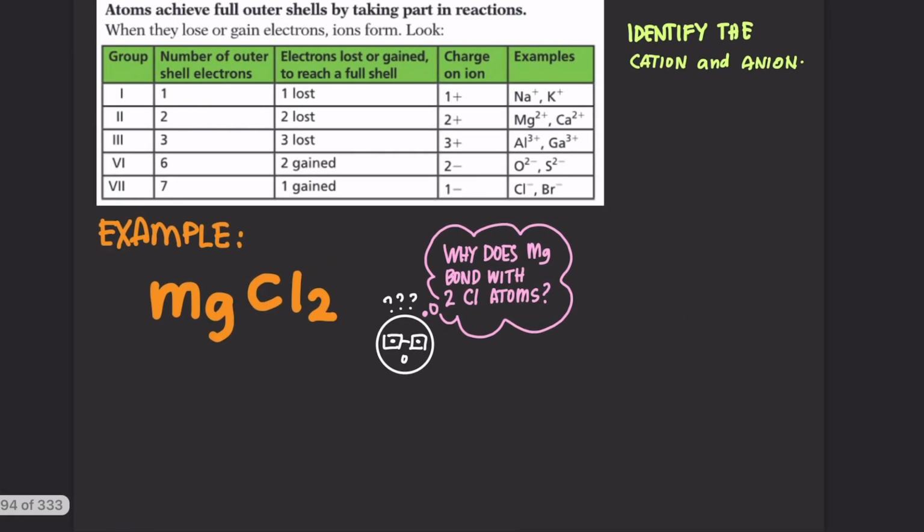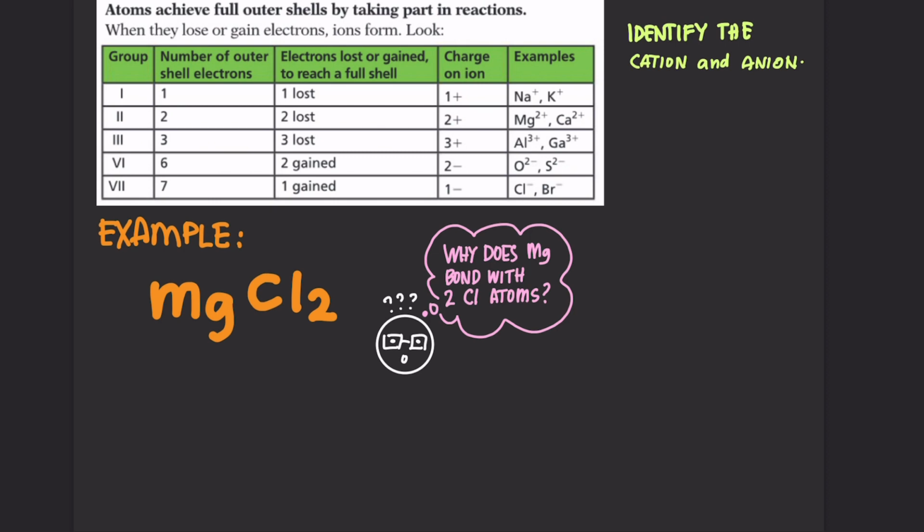So let's go back to the ionic bonding. Okay? So this table will tell you how many electrons are given away or lost, and how many are gained. Okay, so this is the group number, and this is the charge of the ions in that group.